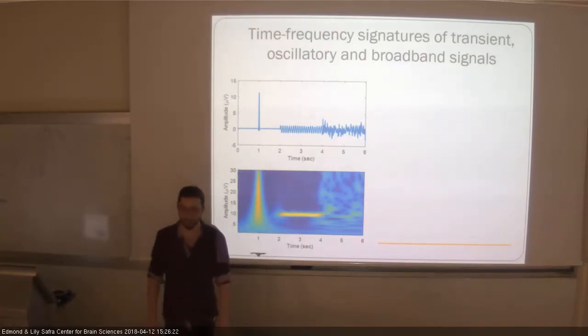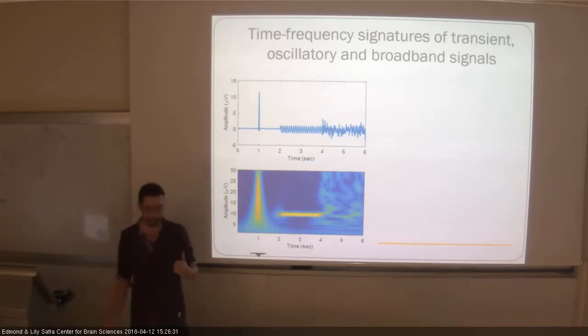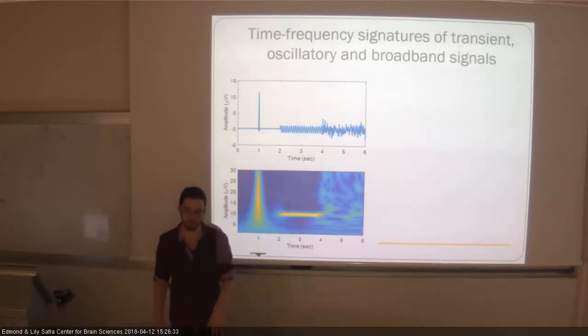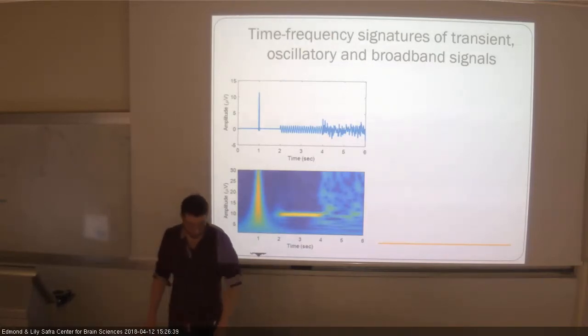There are all these questions which are kind of hard to answer. But in some cases, it's easier. The two examples that I showed you, the alpha and gamma oscillations, are pretty clear-cut examples of truly oscillatory phenomena.